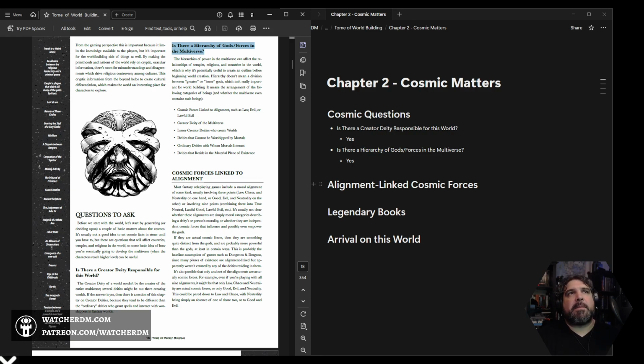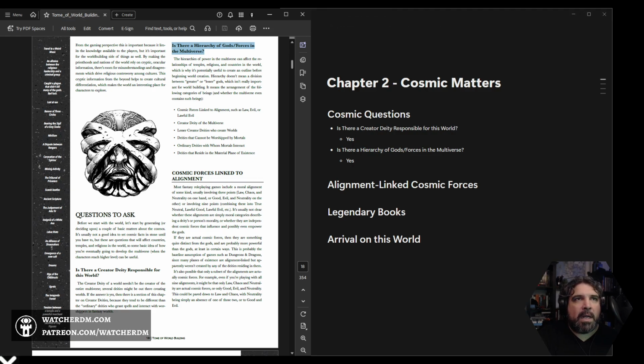Okay, next question. Is there a hierarchy? The hierarchies of power in the multiverse can affect the relationships of temples, religions, and countries in the world, which is why it's potentially useful to create an outline before beginning world creation. Hierarchy doesn't mean a division between greater or lesser gods, which isn't really important for the world building. It means the arrangement of the following categories of beings, and whether the multiverse even contains such beings.